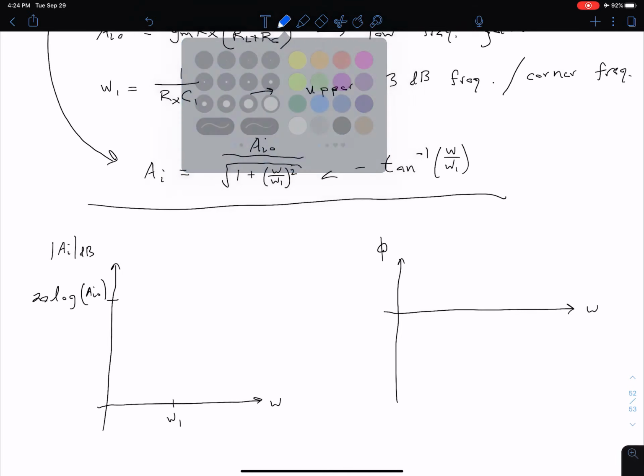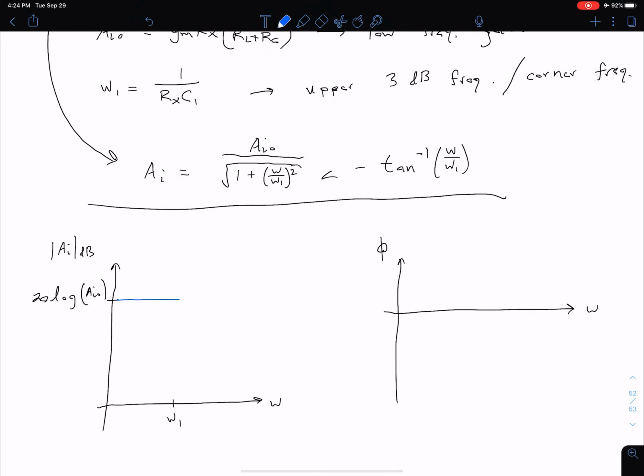That's going to be constant at that value until we reach this corner frequency, at which point we're going to be dropping off at negative 20 dB per decade. So here our slope is negative 20 dB per decade. And just to be clear, this corner frequency is related to our omega 1 there.